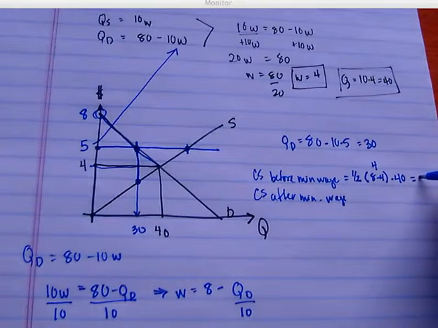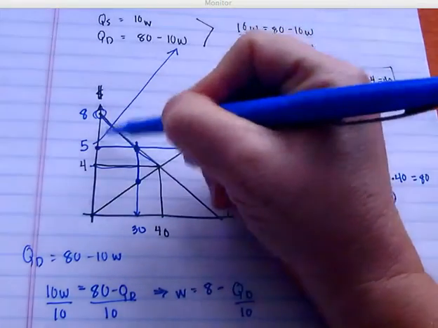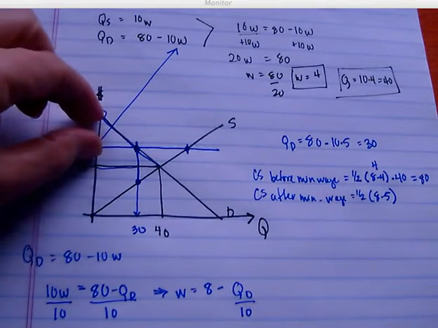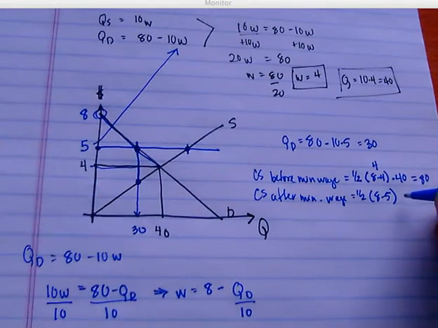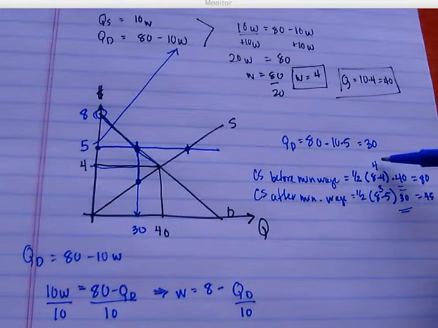So our pre-minimum wage consumer surplus is 80, and our post-minimum wage consumer surplus is 1/2 times 8 minus 5, because we now have a smaller height, times 30. We also have a smaller number of units. And that's 3. So 1/2 times 3 times 30 is going to be 45. So we have a lower consumer surplus not only because fewer units are being consumed, but also because the amount that they're getting per unit has dropped dramatically.